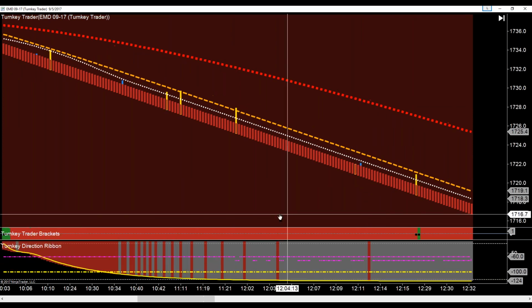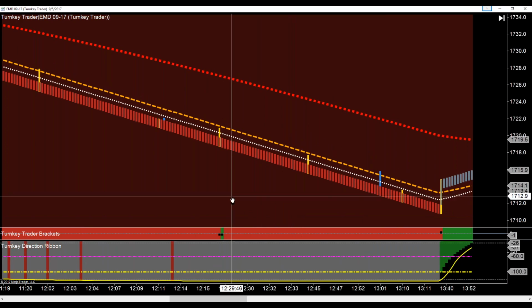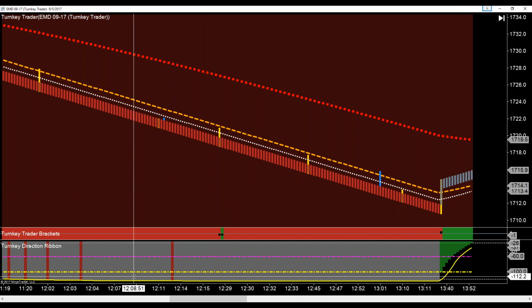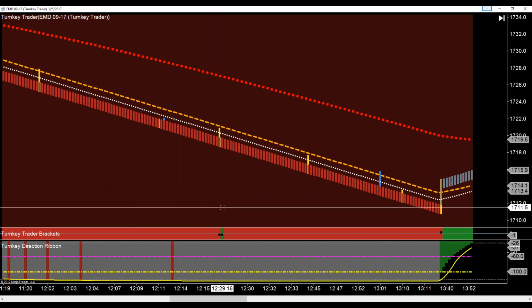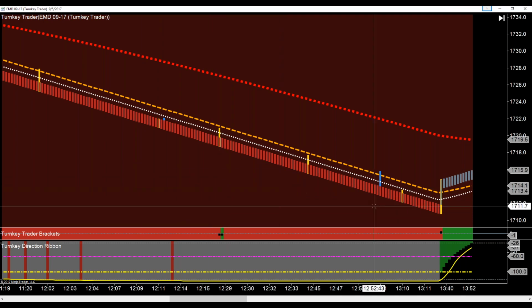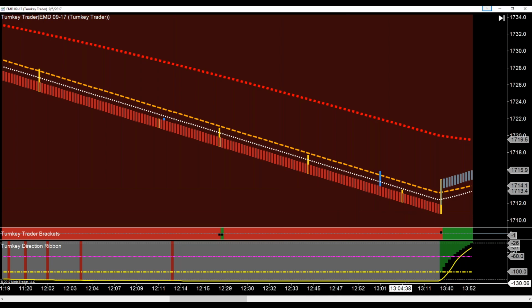It very well could continue, but if we make a habit of that, we're eventually going to come to the point, and it may not be that same run or that day, that entering a trend trade when everything is flat and bloated past the extreme is going to come back to bite us, because these trends do stop eventually and we don't know when the end is going to be. This gives us a heads up when it's no longer safe to enter, or it's just much too risky.